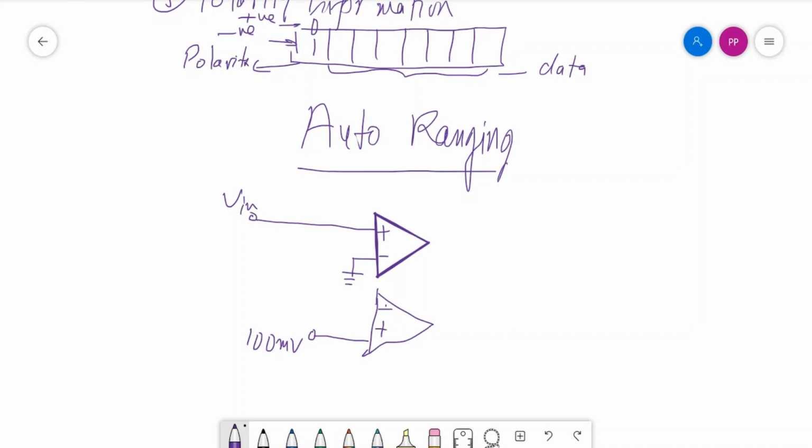The inverting input is supplied by the same voltage source, and these two outputs of the op amps are digitally ANDed. Here again you can use an op amp for digital ANDing.